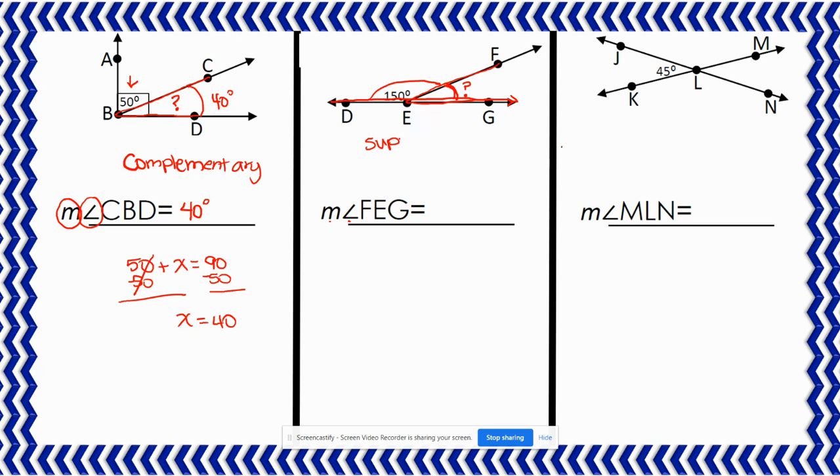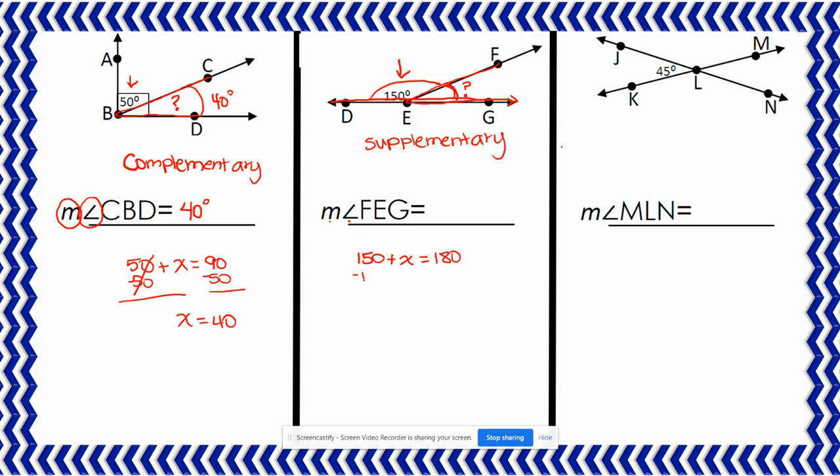So what I know about these two angles is that they are supplementary because together they will add up to 180. So to figure out our missing angle, I would say 150, because that's what angle DEF is, plus, now I don't know what FEG is, so I would write a variable x, equals 180, because I know that together both of these will equal 180.